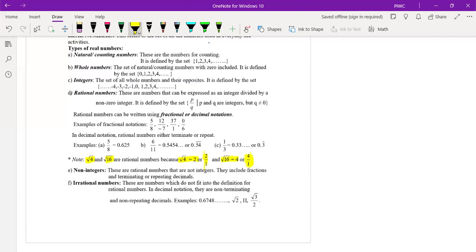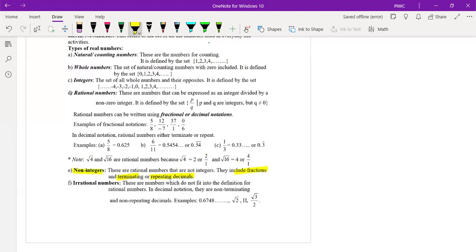Now, what are non-integers? Non-integers refer to numbers that are rational but are not integers. They are not whole numbers or their opposites, including 0. This includes fractions and terminating or repeating decimals.